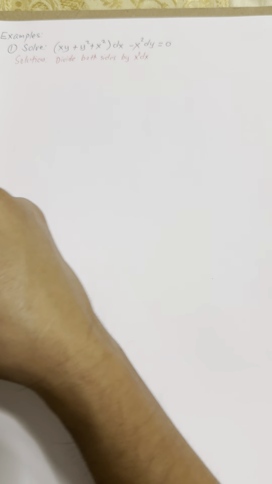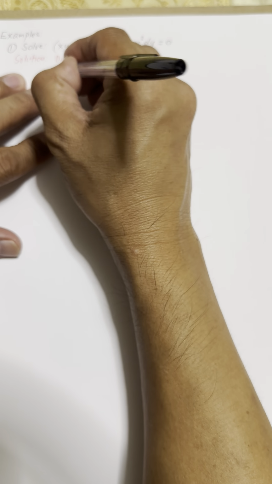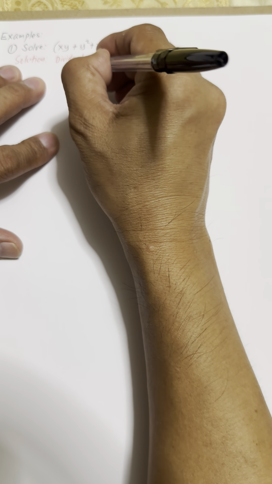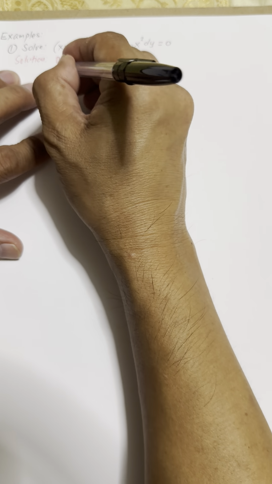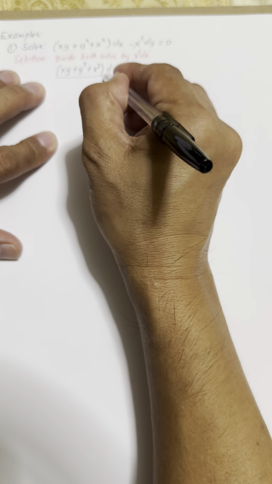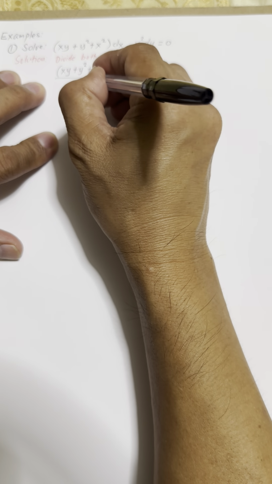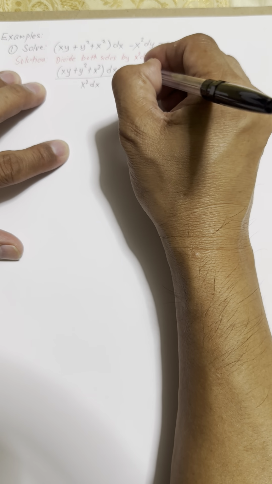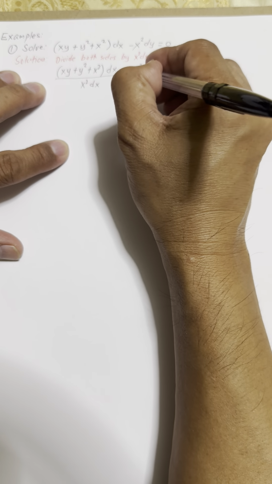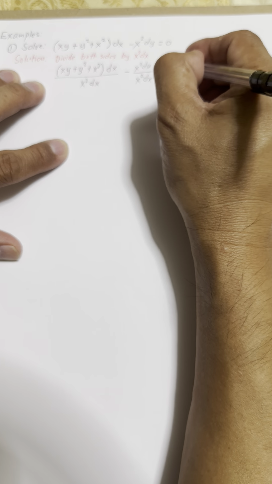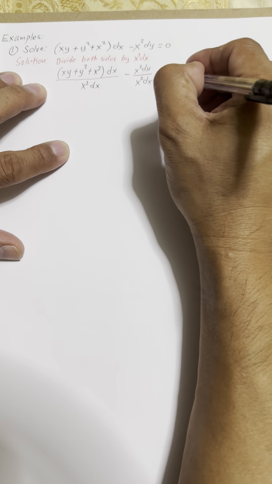So our differential equation becomes the quantity x times y plus y squared plus x squared multiplied by dx, divided by x squared dx. Then we have minus x squared dy divided by x squared dx equal to 0 divided by x squared dx.